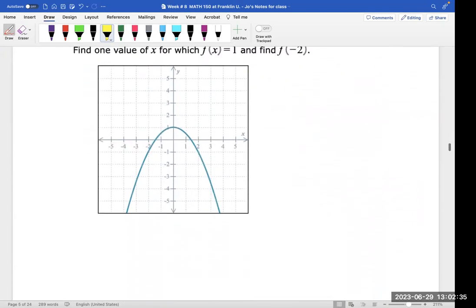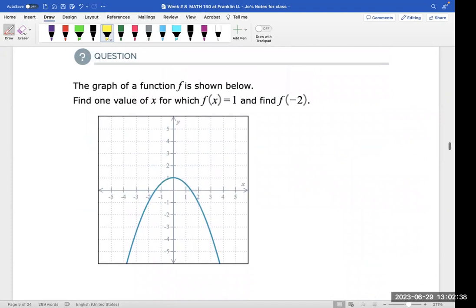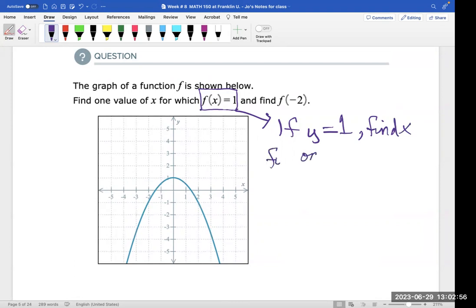Another one here. If my f of X equals +1, this means if Y is +1, find the X. For a point on the graph, in this case there's only one, but I look on my Y number line.